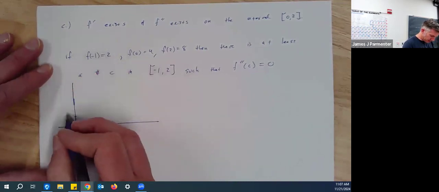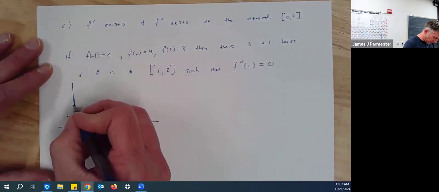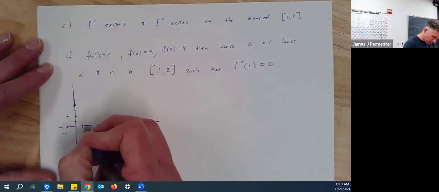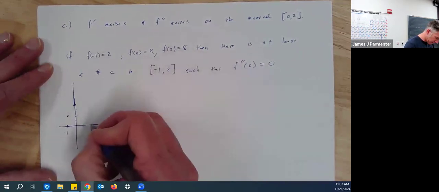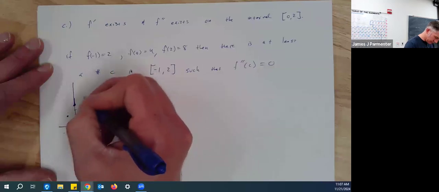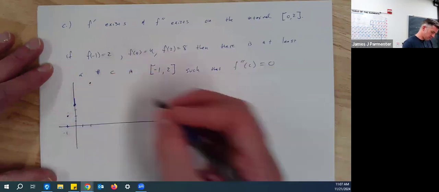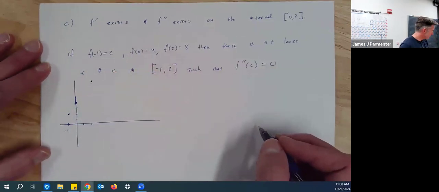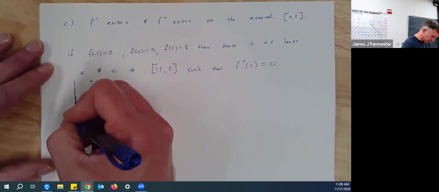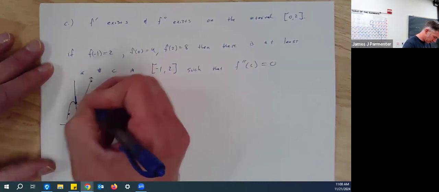So f of -1 is 2, f of 0 is 4, and f of 2 is 8. Maybe my graph does something like this. I don't really know.